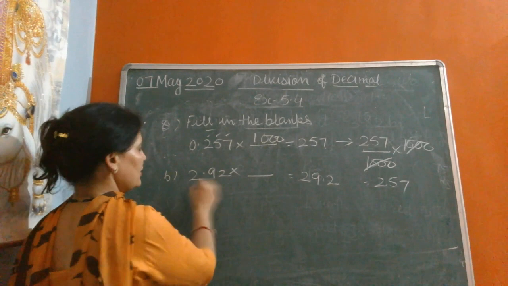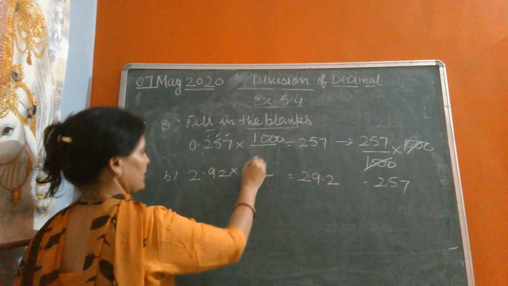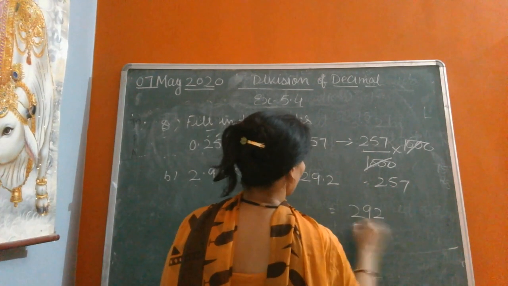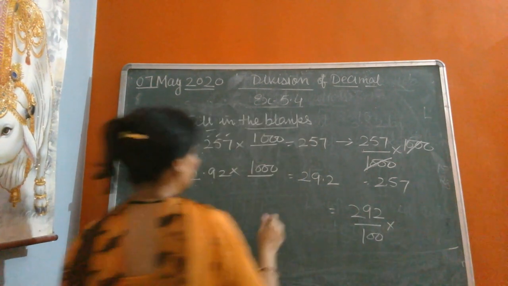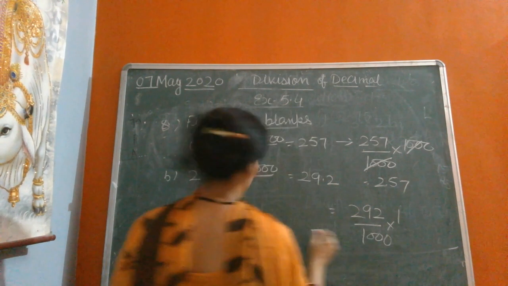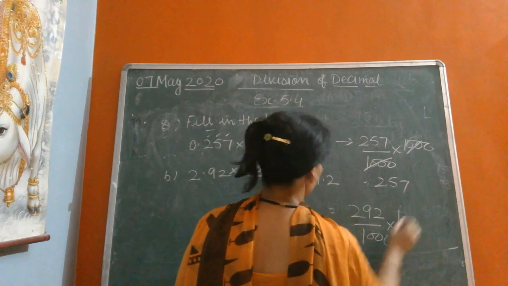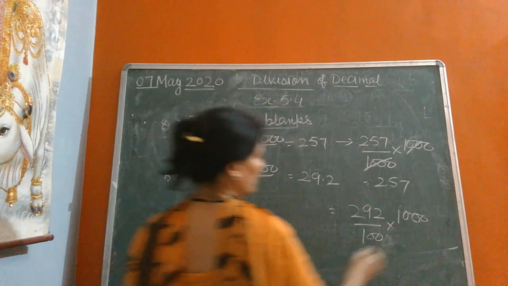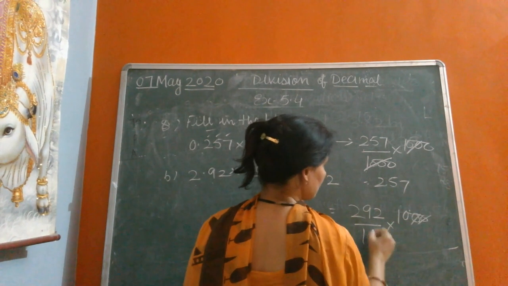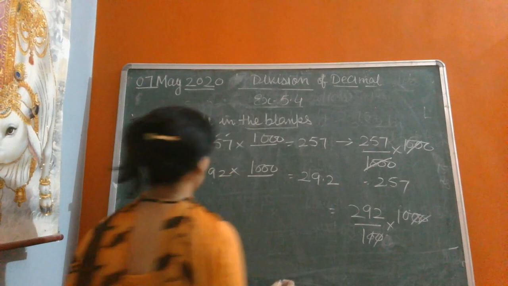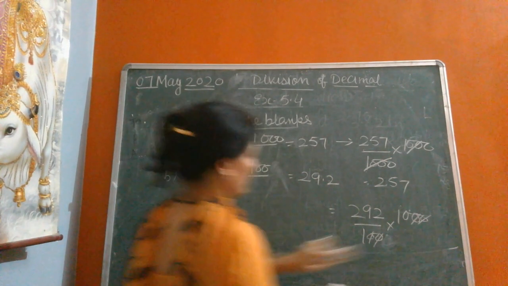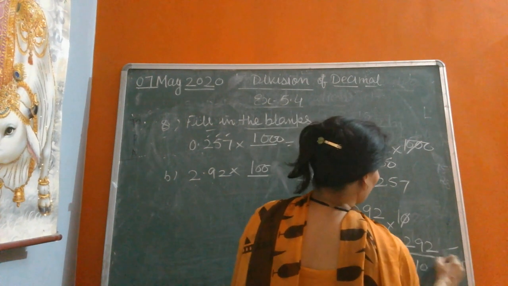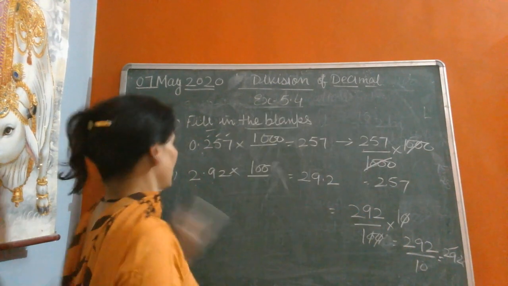Let me check. 292 upon 100 multiplied by 10. The 10 and 100 cancel, and the answer is 29.2.